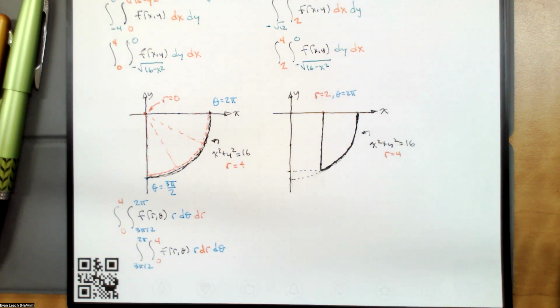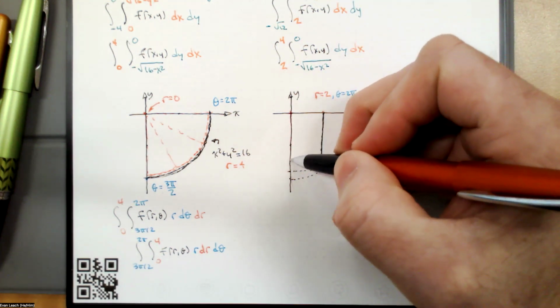So that's that point there. When theta is 2 pi, I want r to go from 2 to 4. But we're not measuring r from that point. R is measured from the origin.